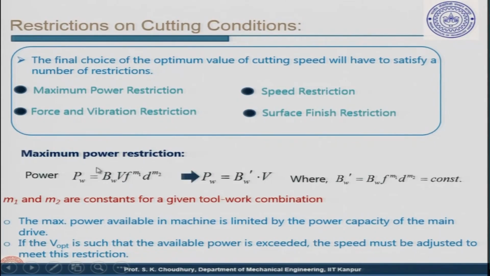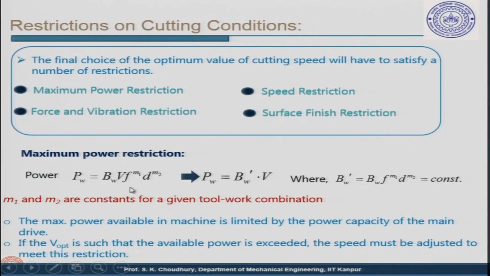So, experimentally you can find out the values of m1, m2 and Bw, all right, and you can find out the variation of the Pw with the velocity, for example.